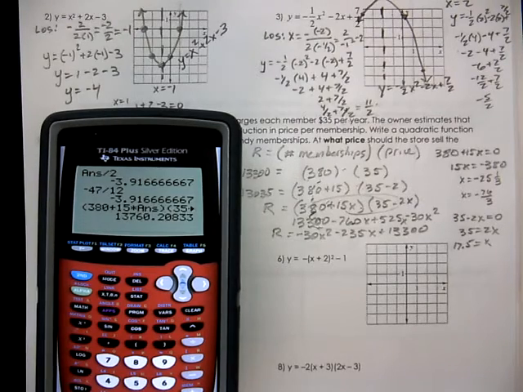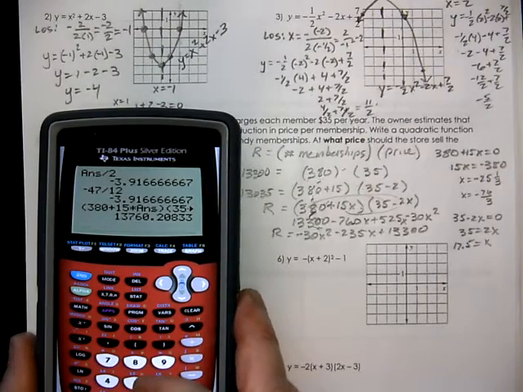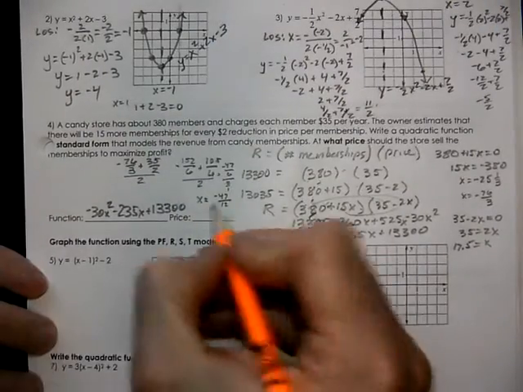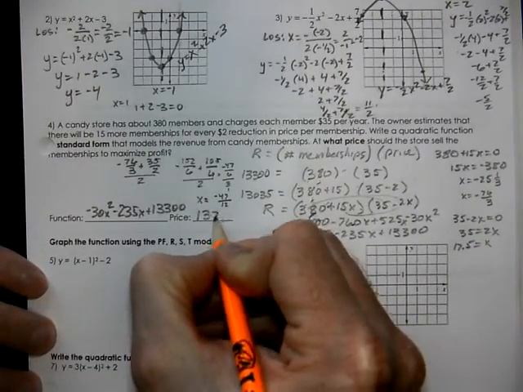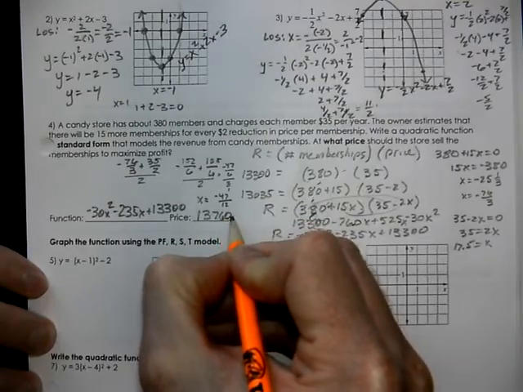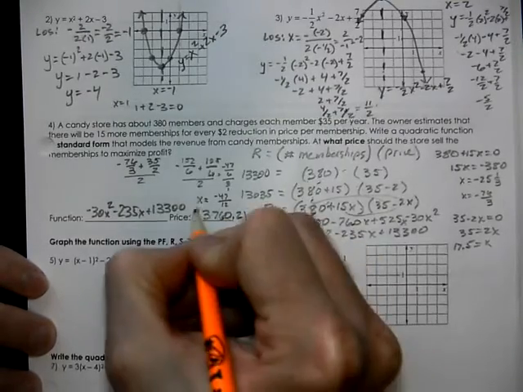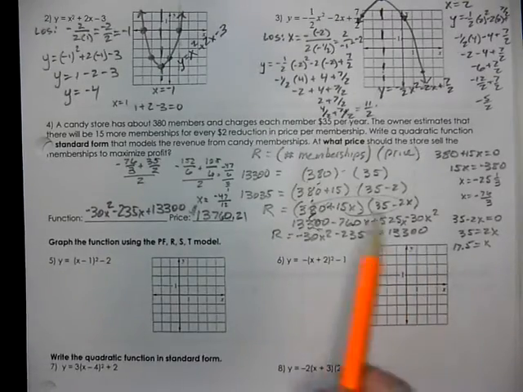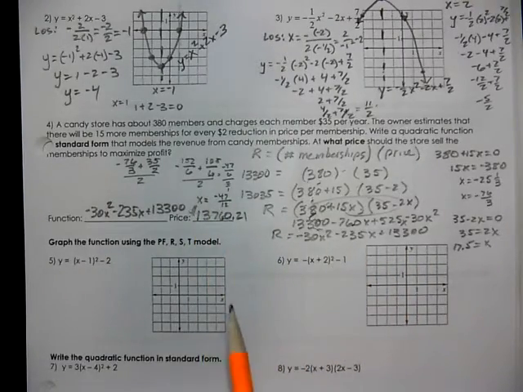So we're going to have a maximum value of 13,760.21. You will have one like this on your test, but it won't be nearly as sloppy. It won't have the fractional values for the line of symmetry. Sorry about that.